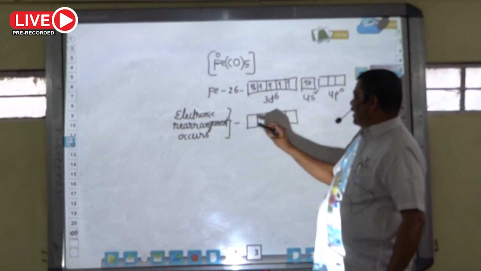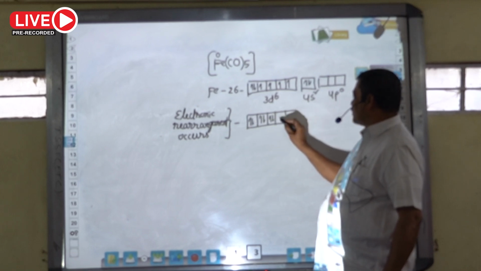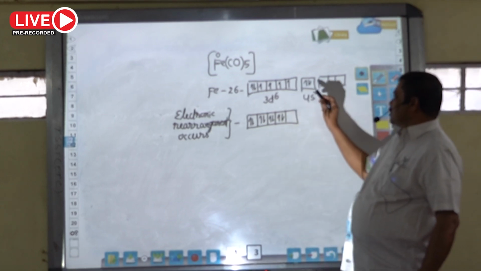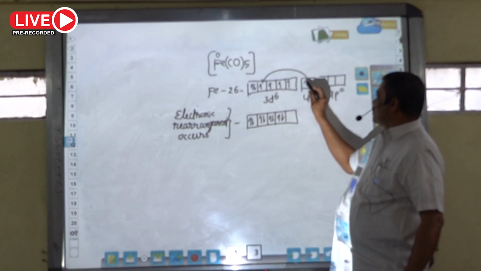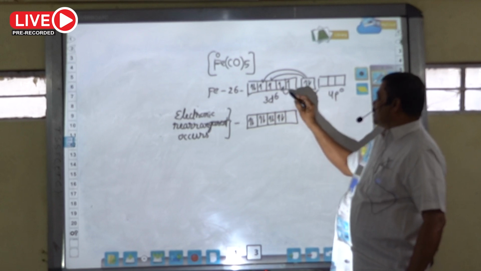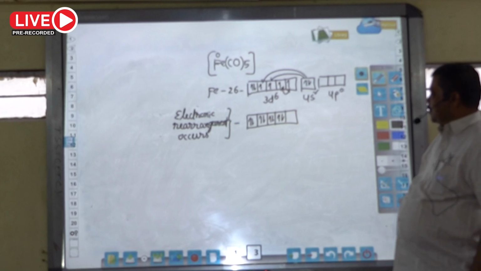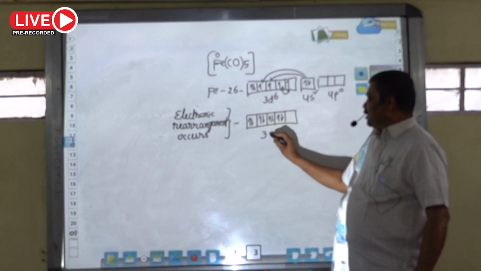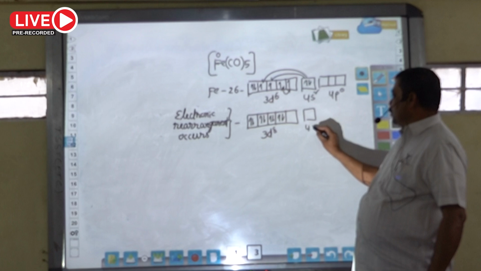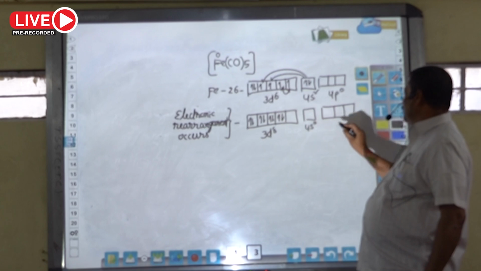So it becomes 3d8. These two come and pair here. These two again pair here. So 3d6 becomes 3d8, 4s becomes 4s0, and 4p is already 4p0.